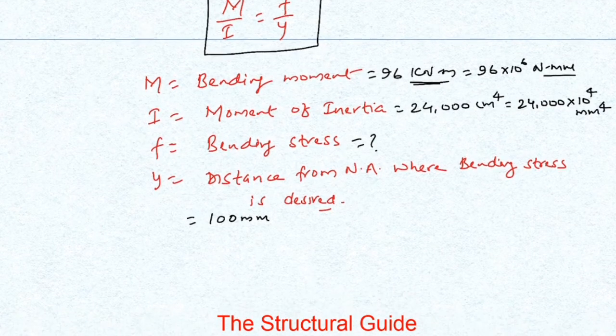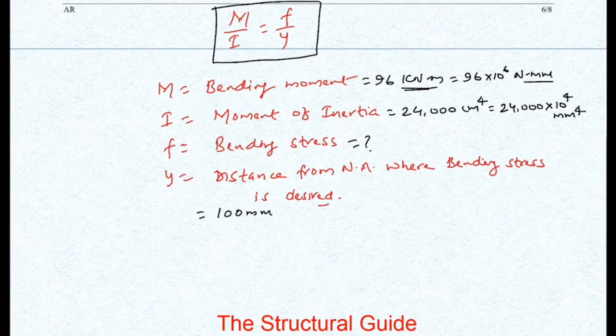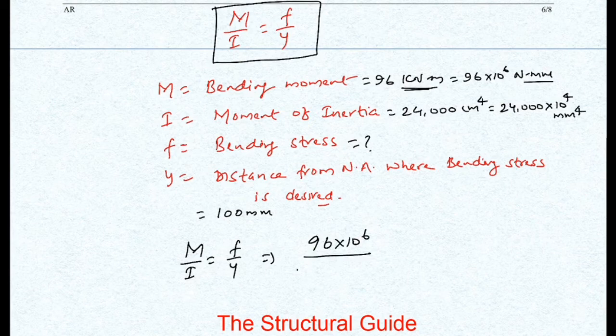So put all these values in the flexural formula, M upon I equals f upon y. Here M equals 96 into 10 to the power 6 upon I, that is 24,000 into 10 to the power 4, equals f, bending stress, upon 100 mm.